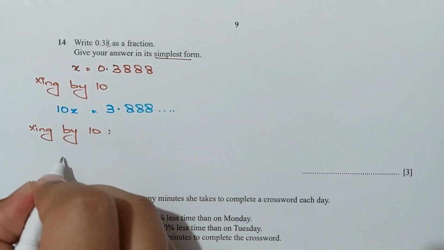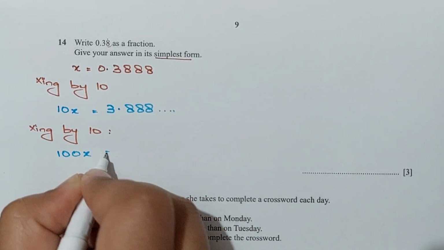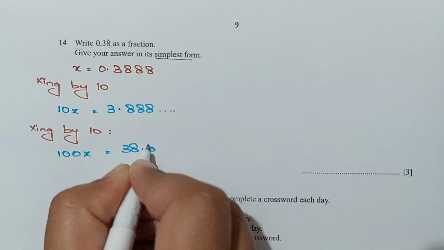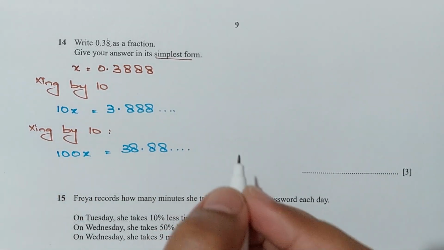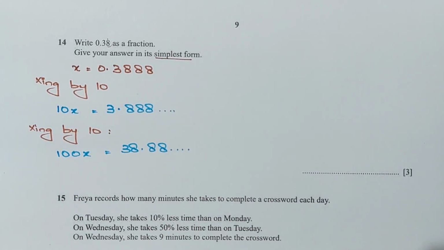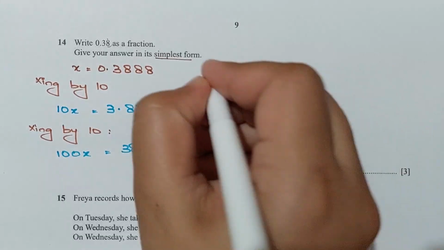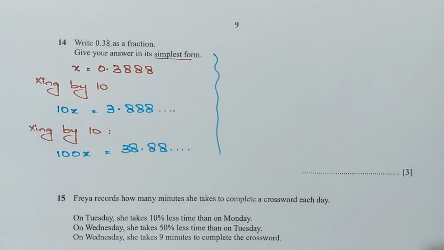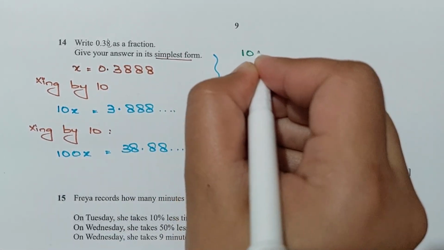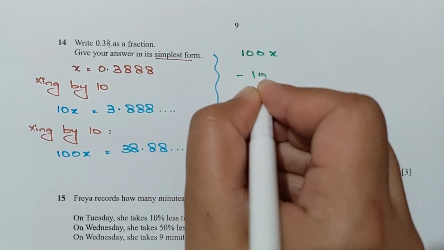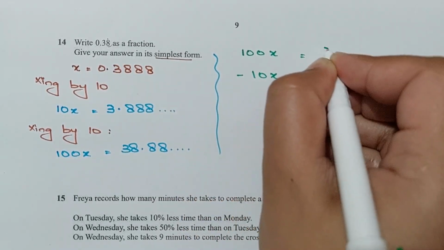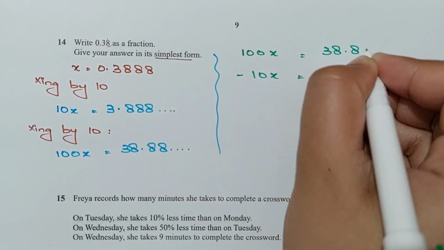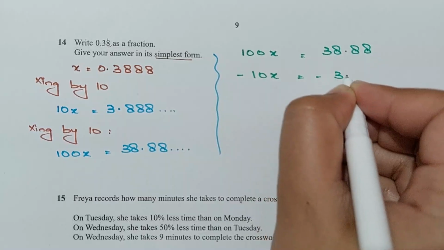Now 10 times 10 would be 100x, and this would be 38.88, and so on. Now in the next step you have to subtract these two equations. So 100x take away 10x, and here we have 38.88 take away 3.88.